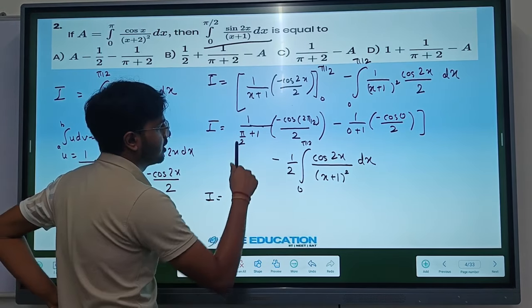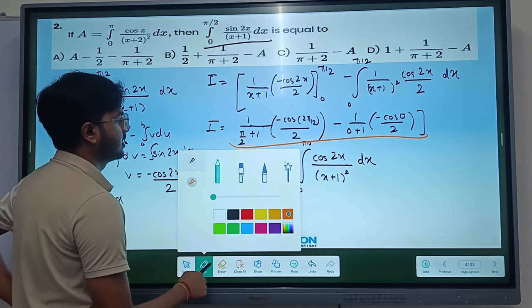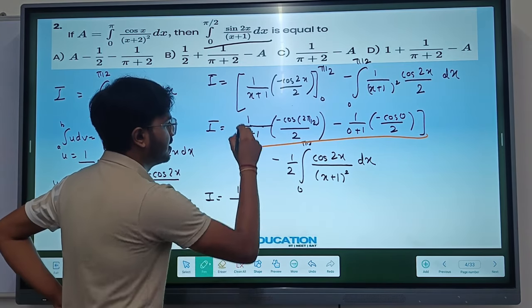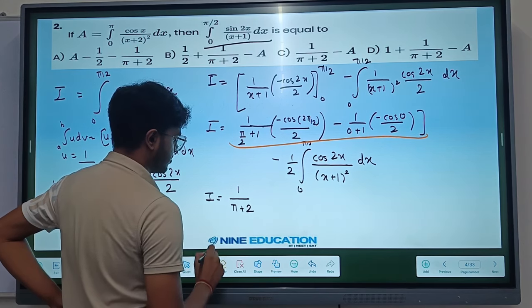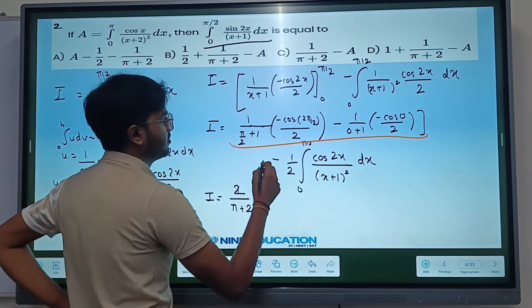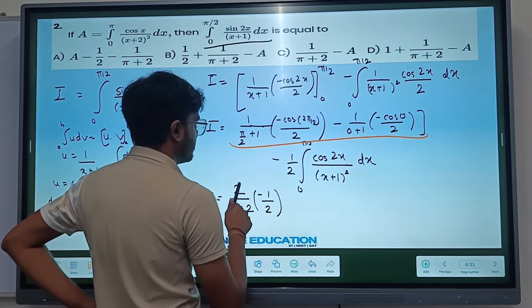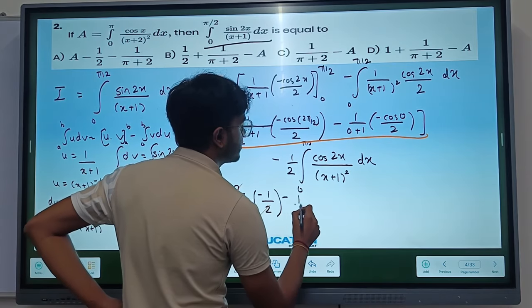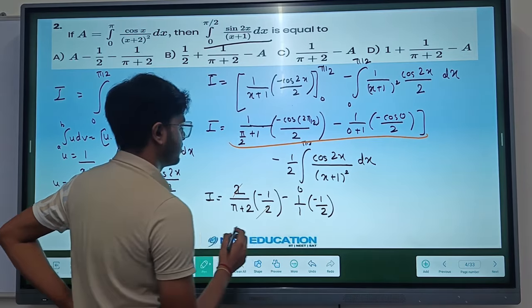So what is this first part? I'll get this whole part. At pi by 2 I am getting 1 by (pi by 2 plus 1), that is 2 by (pi plus 2). So 2 by (pi plus 2), this 2 goes up, and this will be minus cos pi, that is minus 1, by 2. So 2 and 2 cancel. Minus 1 by, cos 0 is 1, so minus 1 by 2.